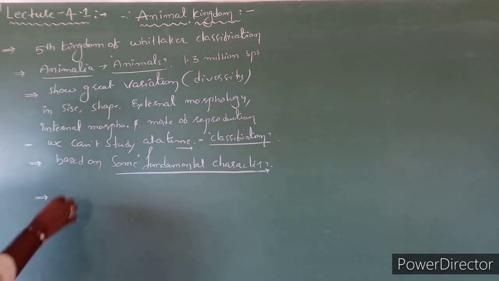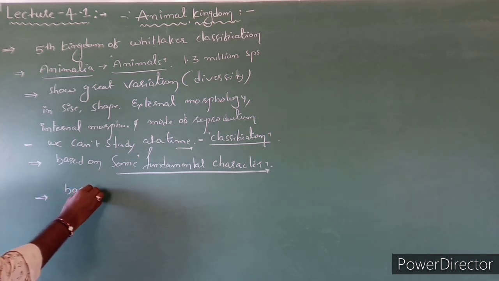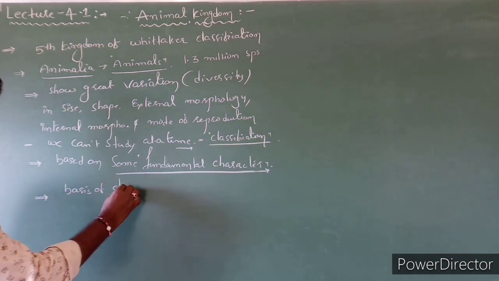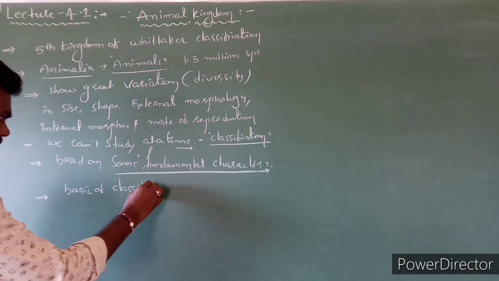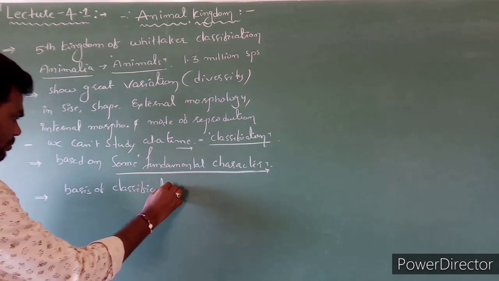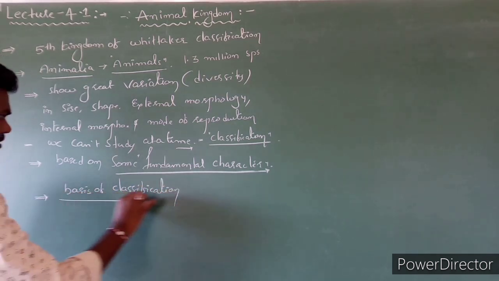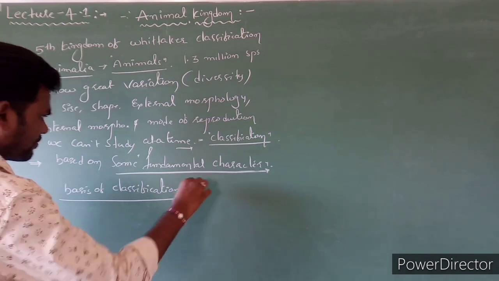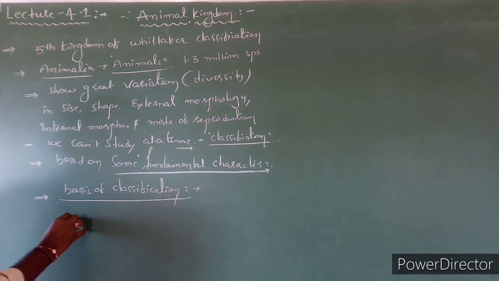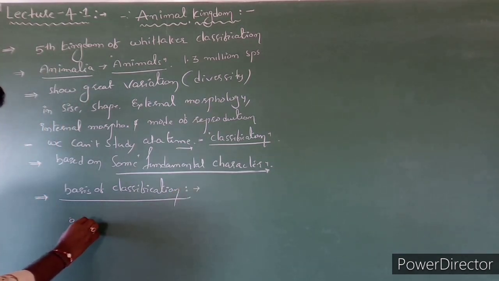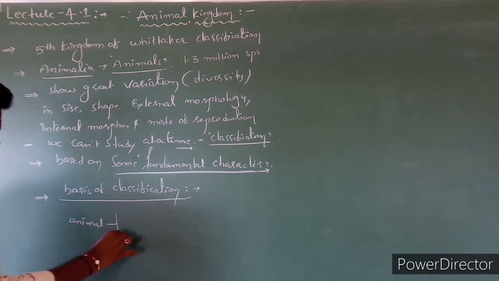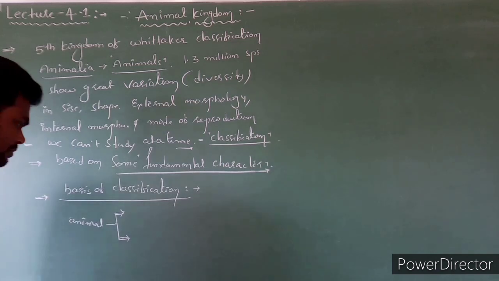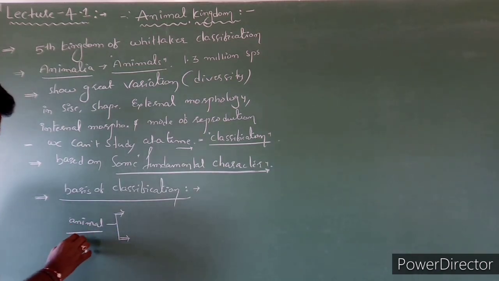The basis of classification: first, the animal kingdom is mainly divided into two sub-kingdoms.